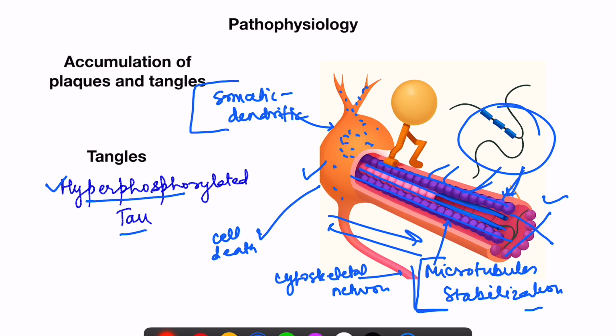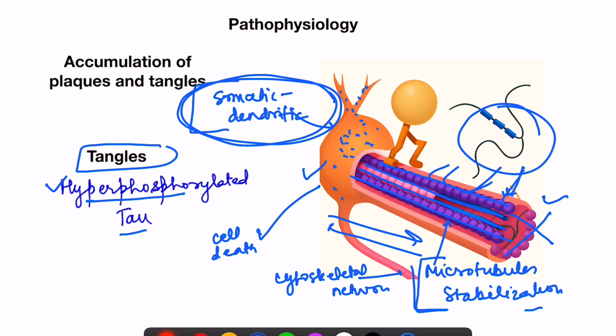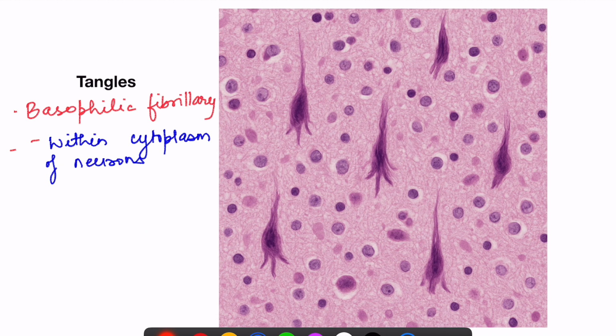Okay. So there is accumulation of these hyperphosphorylated tau in the soma and the dendrites, that is known as tangles, and microtubules destabilize, ultimately leading to the neuron death. So here in this histological slide, we see accumulation of neurofibrillary tangles, and there is deposition of these tangles within the cytoplasm of neurons.